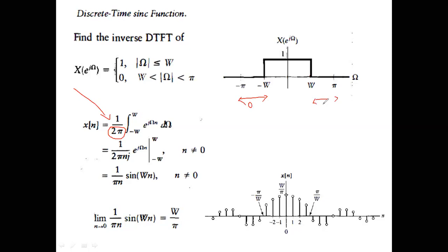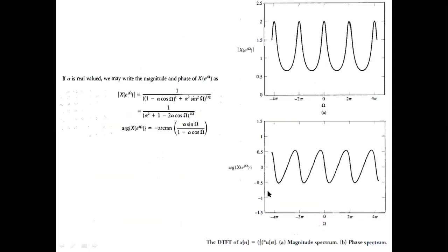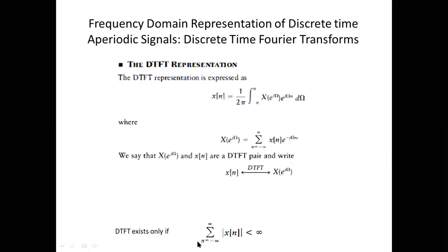So what is the actual expression for the IDTFT? This is the expression for the actual IDTFT. From minus pi to pi, we will take only the values where it is non-zero.